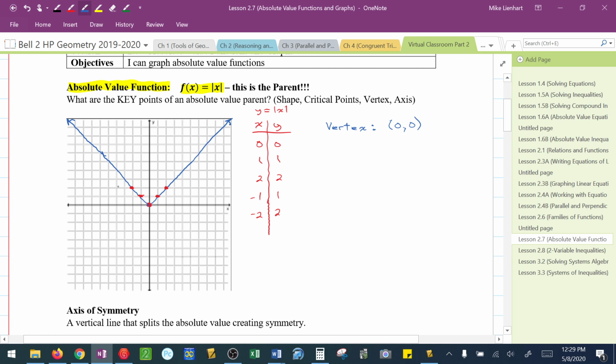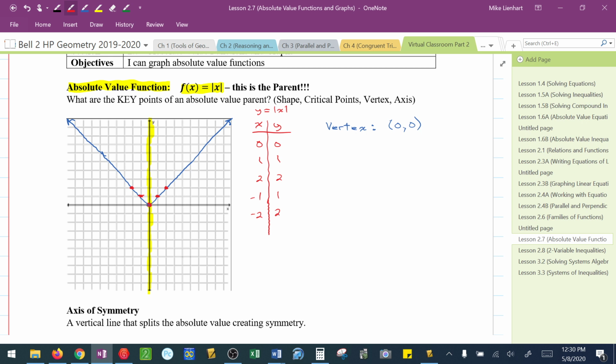This creates for us something that is known as an axis of symmetry. I'm using a highlighter here to show it, but this axis of symmetry is a way for us to fold this graph over this line so that we get exactly the same graph on both sides. In other words, symmetry occurs.